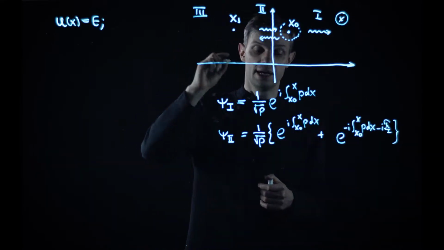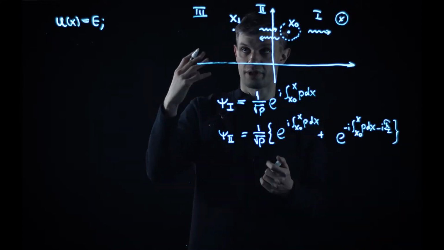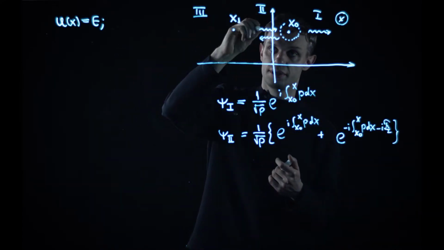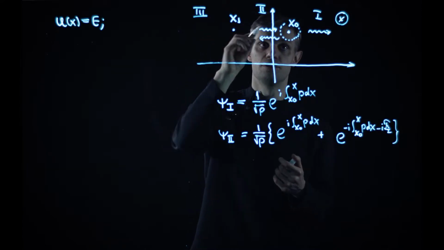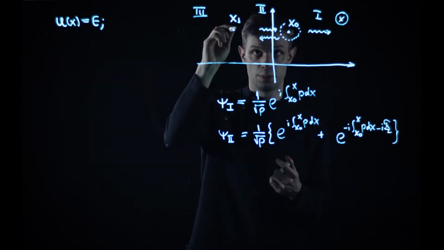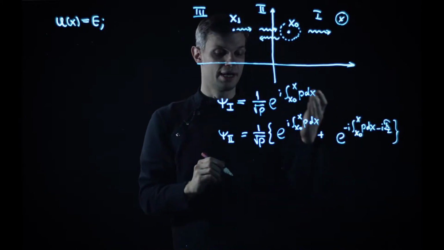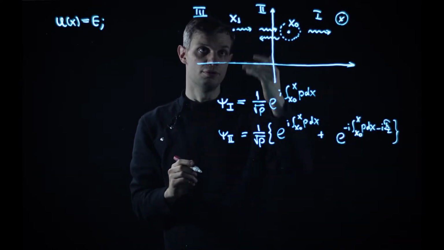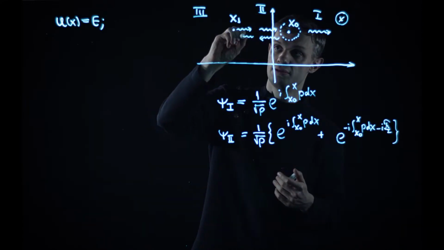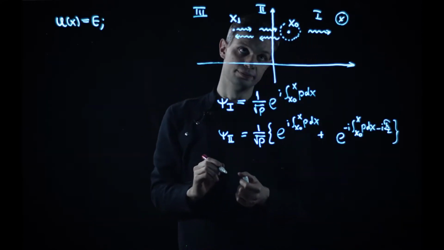Right, so since our consideration assumes that there is a semi-classical evolution from point x0 to point x1, we expect the same kind of behavior of the solution between these 2 points, up to the vicinity of point x1.